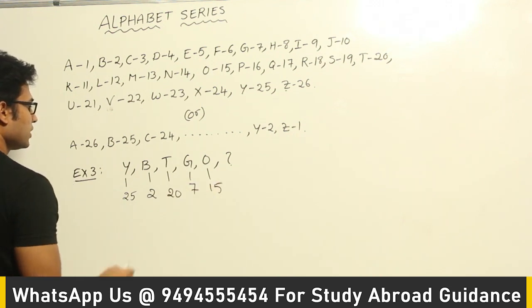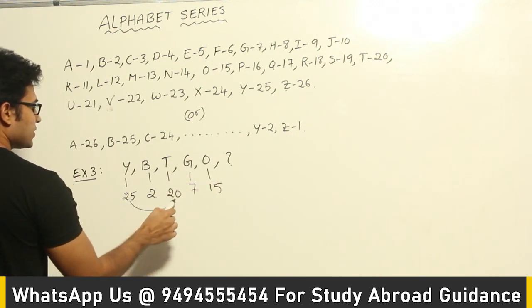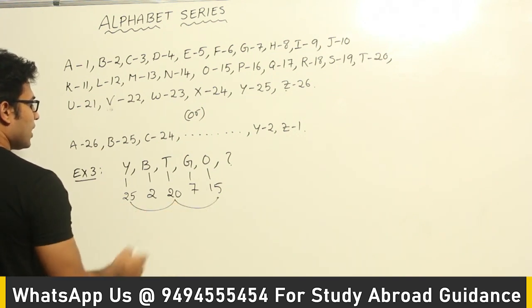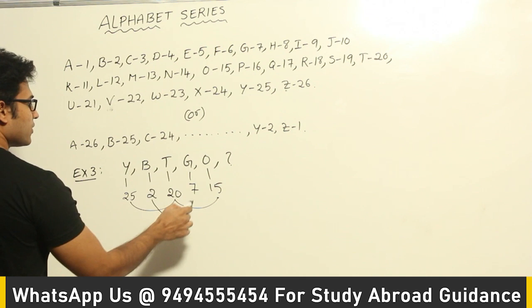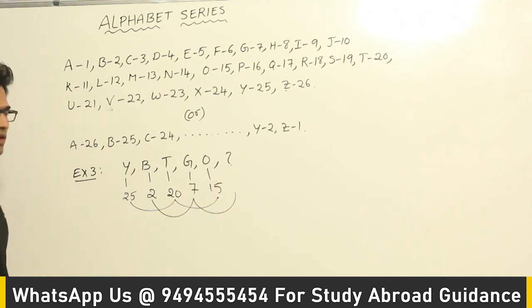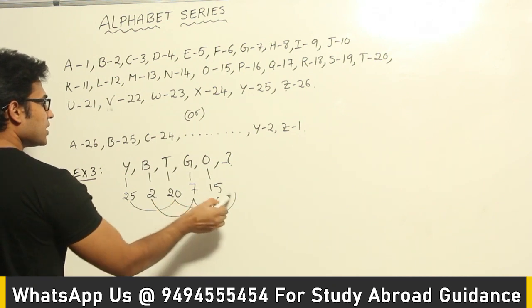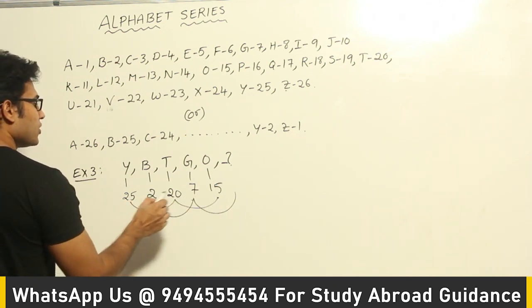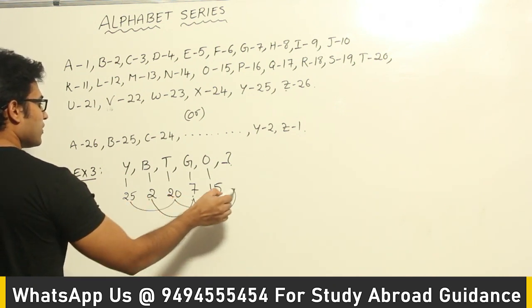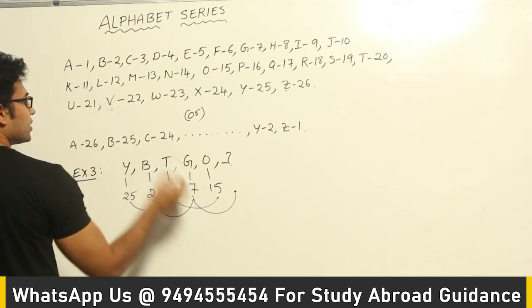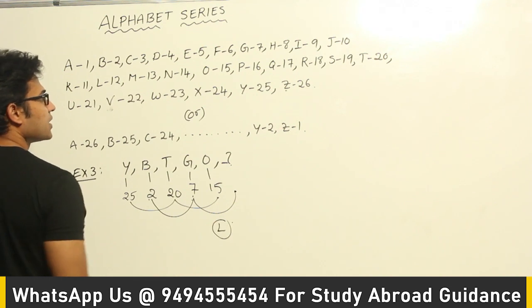Now if you observe it, there are two series here. One series is decrementing by 5, 25, 20, 15, and the other series is increasing by 5, isn't it? Therefore, the number missing here should be from the series which is getting incremented by 5. So after 2 it is 7. So 7 plus 5 has to be 12. Now 12 is nothing but L, right? So L is the answer.